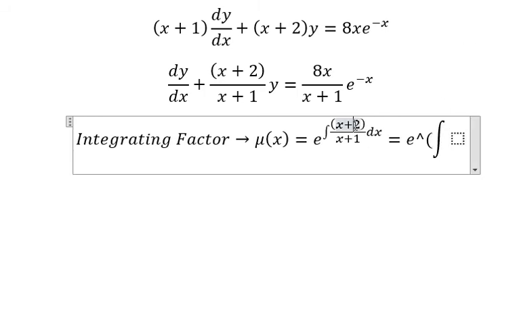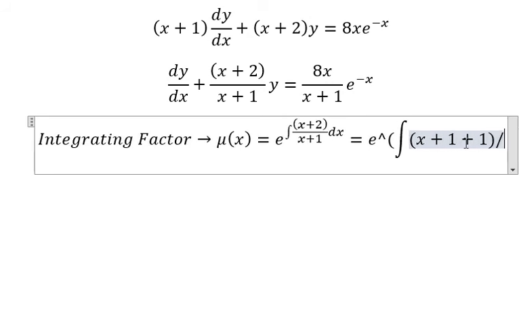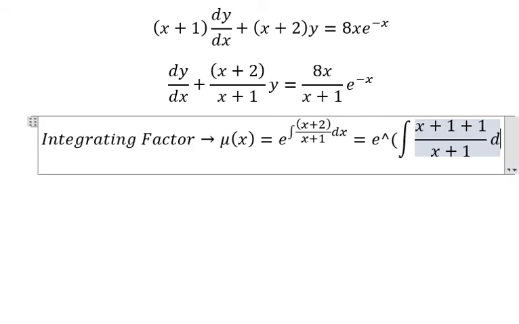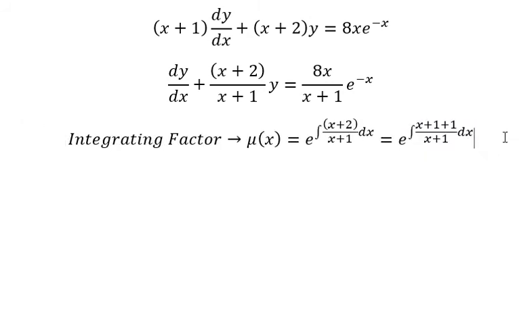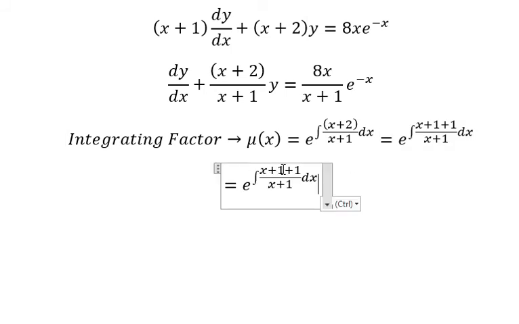So number 2, we can put into x plus 1 over x plus 1. So this one divided by this one, we have number 1 in here.